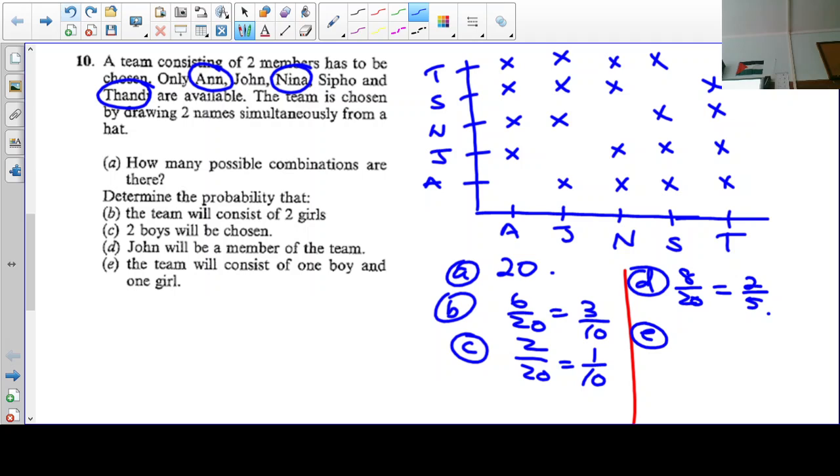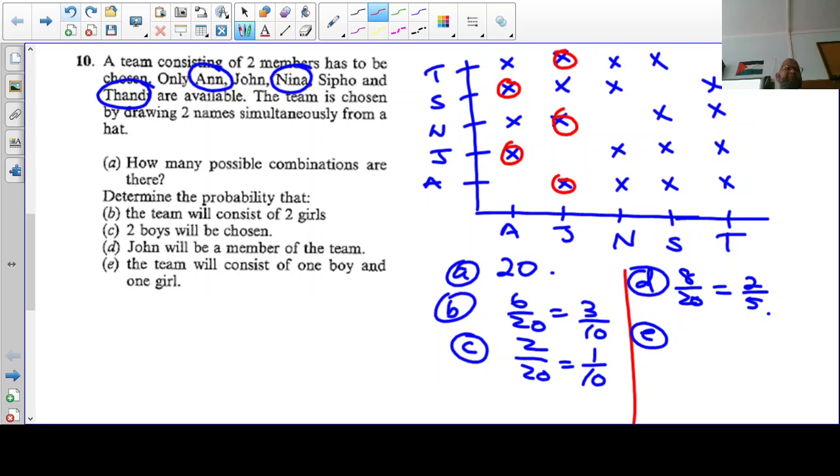Let's look at E. E says the team will consist of 1 boy and 1 girl. So order doesn't matter here. Must be 1 boy, 1 girl. So Anne and John, and Anne and Sipo. Tandi and Nina are girls. John is a boy, so the combination has to be with a girl. So it's Anne, John and Nina, or John and Tandi.